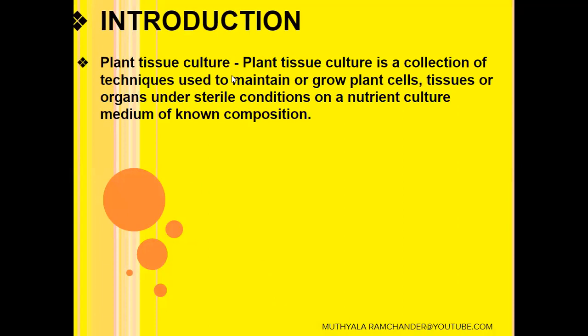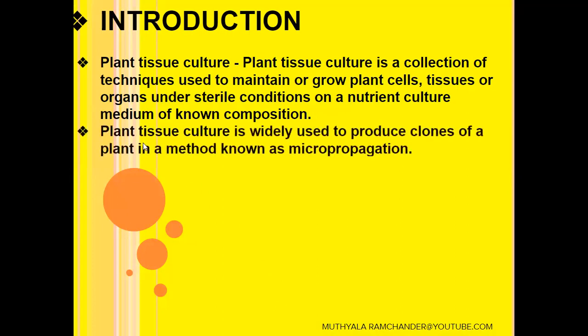Plant tissue culture is a collection of techniques used to maintain or grow plant cells or tissues or organs under sterile conditions on a nutrient medium of known composition. Plant tissue culture is widely used to produce clones of a plant in a method known as micropropagation.